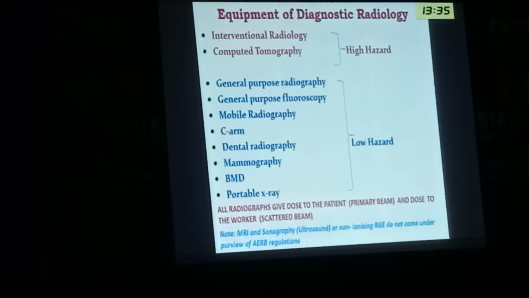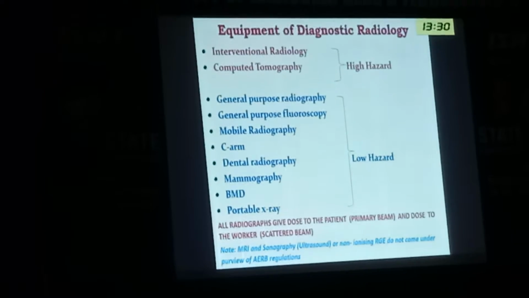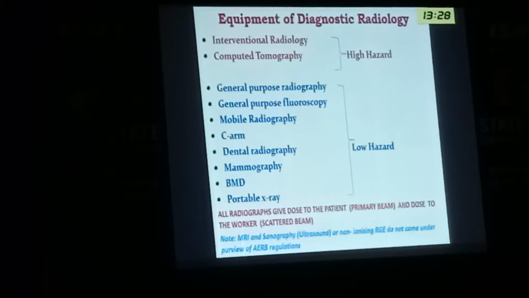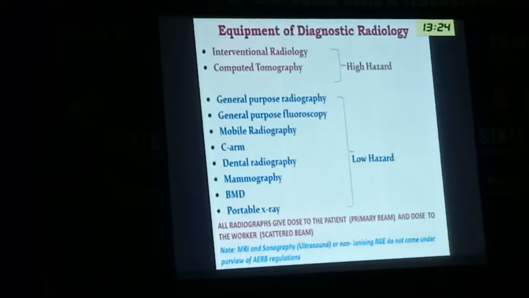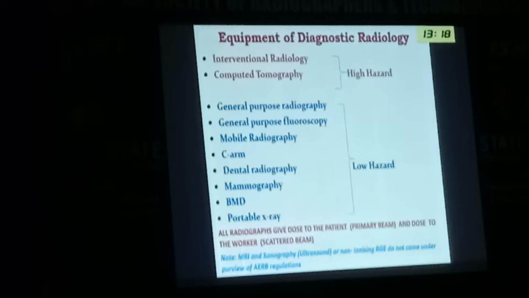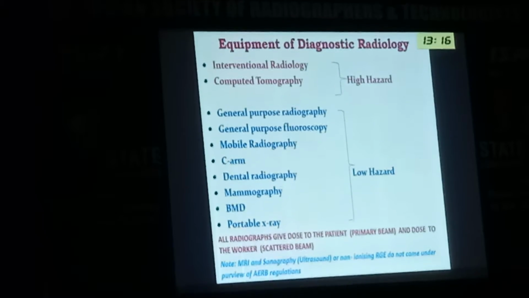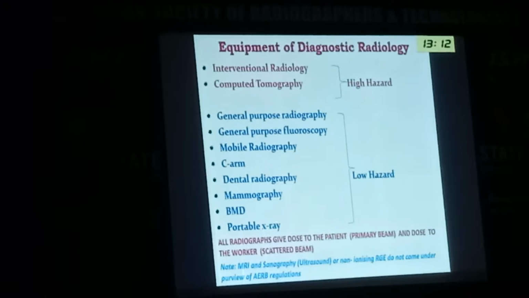Suppose in interventional radiology or computed tomography, there is always a chance of getting a high amount of dose, so we call these high hazard facilities. And other things like general purpose radiography, fluoroscopy, mobile radiography, CR, those are low hazard.